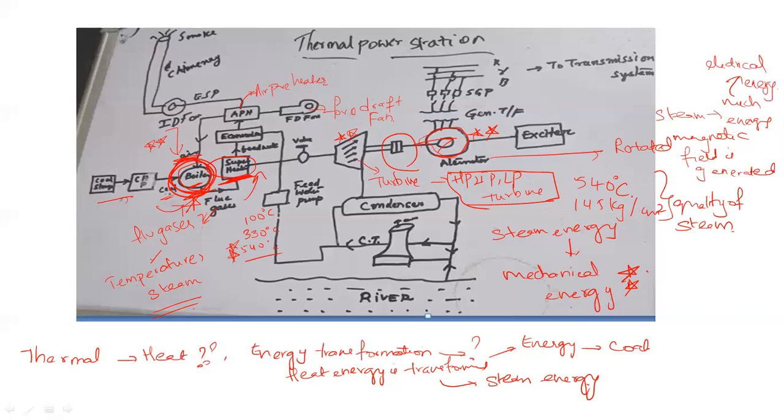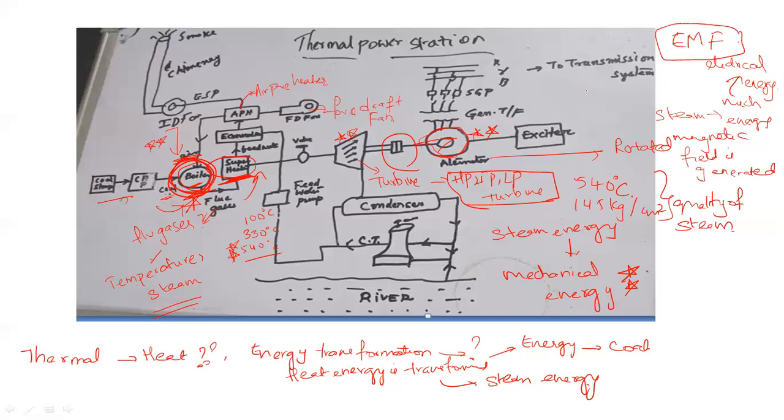How is this electrical energy generated? The rotating magnetic field is produced by the rotor, and the stator conductors are embedded in the generator in star fashion. So this rotating magnetic field cuts the current carrying conductors and generates the EMF. What will happen according to Faraday's law?